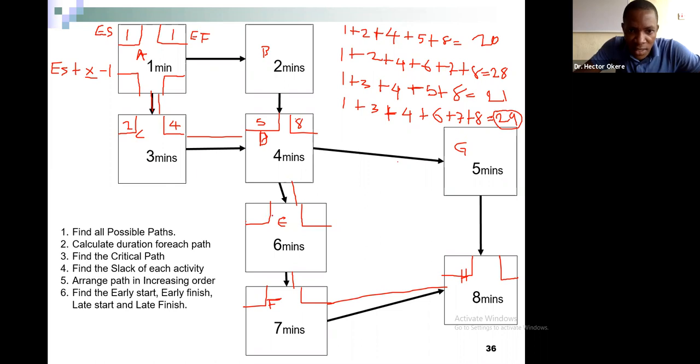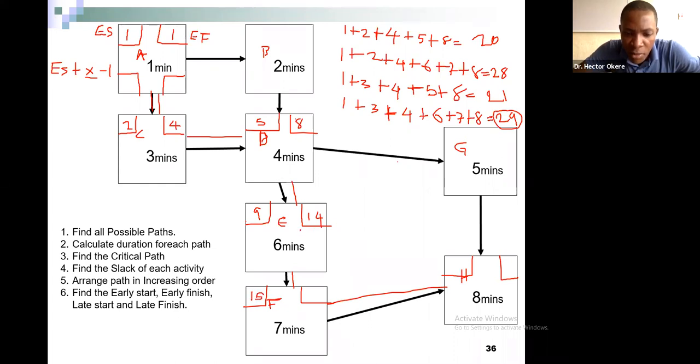Next, what is the early start? The early finish here plus 1 makes it 9, right? 9 plus value x, remember, early start plus x will be 15. 15 minus 1 will be 14. The next critical path line would be 14, then 7. How do you calculate that? 14 plus 1, which is 15.